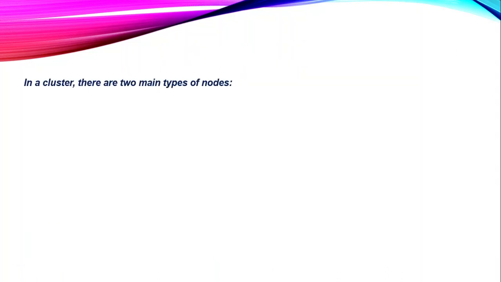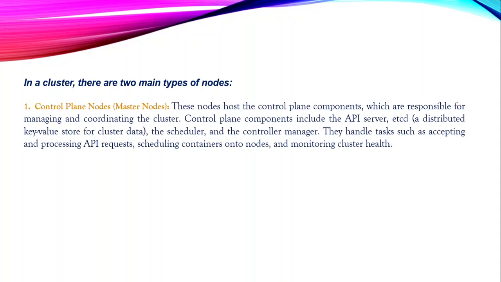So in a cluster, we have two main types of nodes. The first one is the control plane, also known as the master node. This node hosts the control plane components, which are responsible for managing and coordinating the cluster. We have different components in this control plane node, such as the API server and etcd. etcd is a distributed key-value store for cluster data.